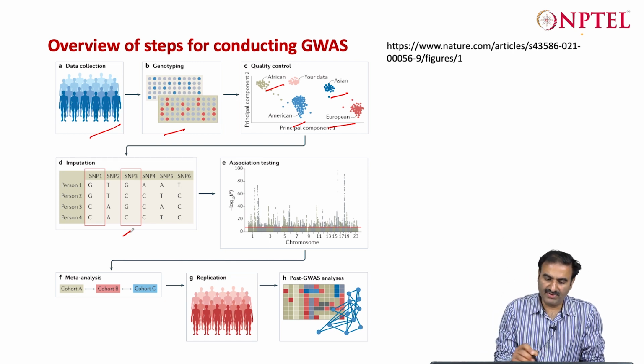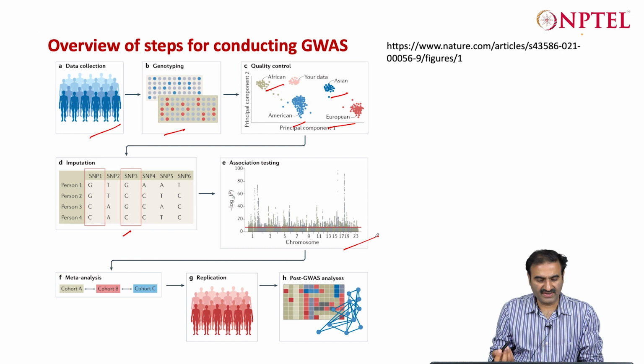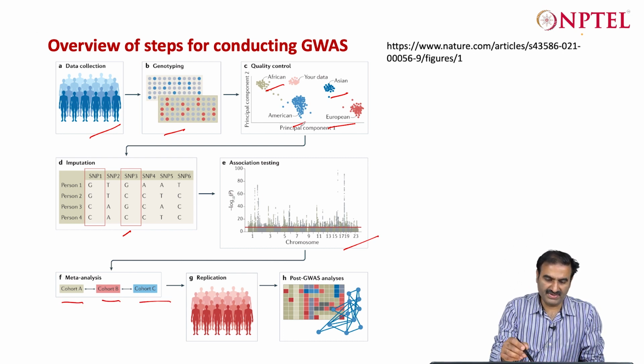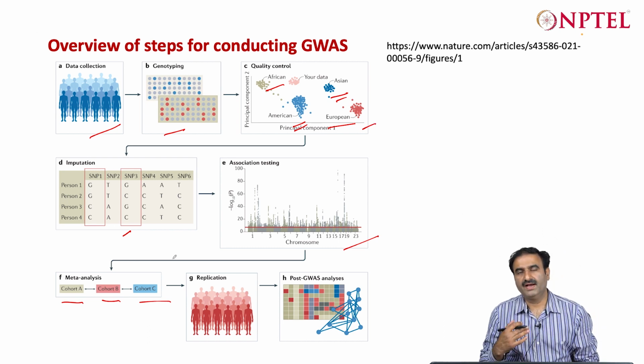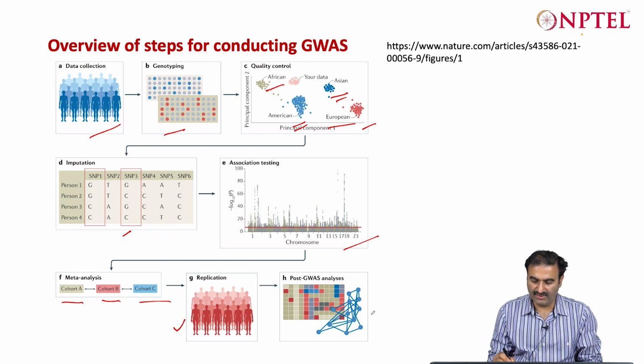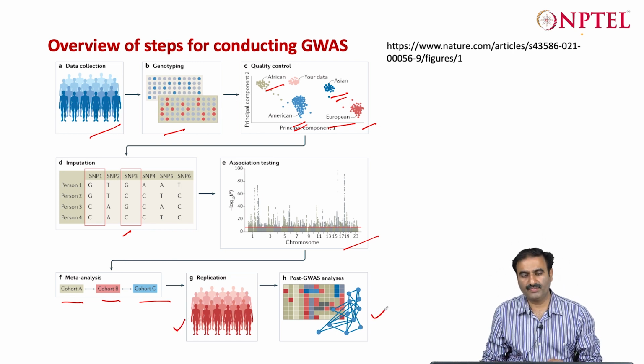And then you test these associations, do the statistical analysis in different cohorts. You can take from multiple populations like this, it is shown here, the color coding is also there, right? And then once you have established these markers, you can expand this to another subset of population or a different population and see whether that holds, and do the post genome-wide association studies analysis.